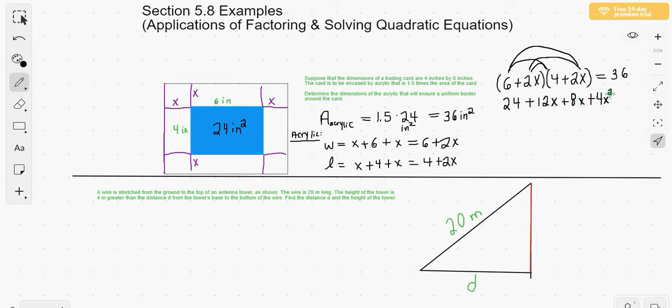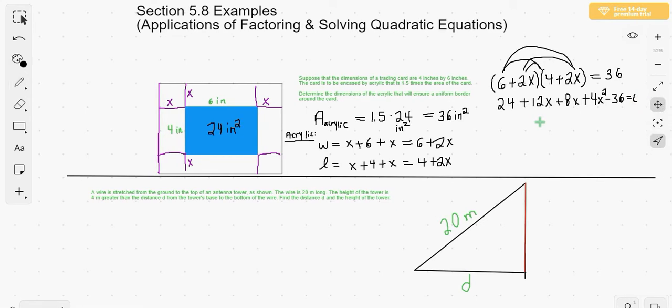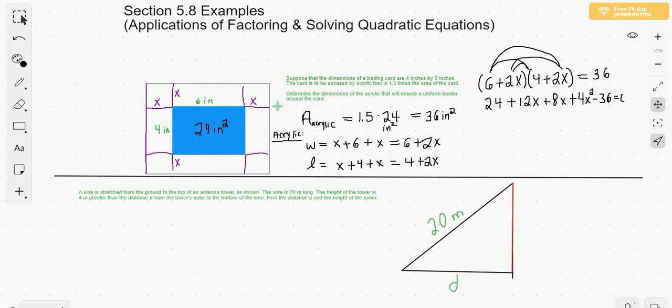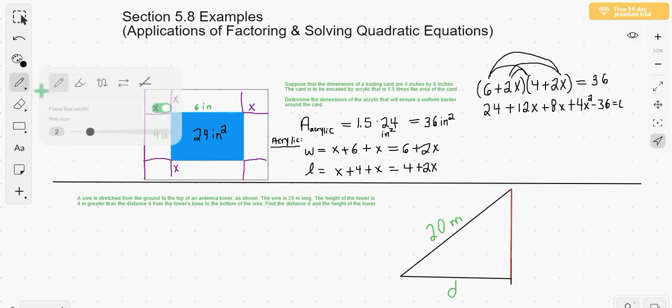I'm going to subtract 36 from both sides in this step, just to save a tiny bit of time. And that will make the right-hand side of this equation equal to 0, because we've subtracted 36 from both sides of our equation.